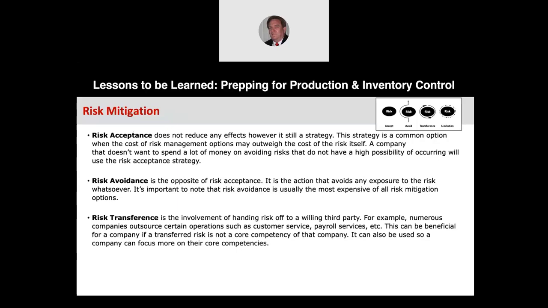Risk transference is kind of like handing off the risk to a willing third party. You outsource certain operations, like customer service or payroll. It's like outsourcing your back office. This can be good because you transfer some of your risk that is not core competency away to a third party.